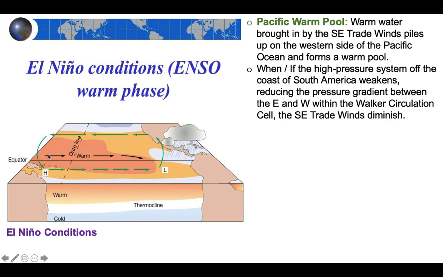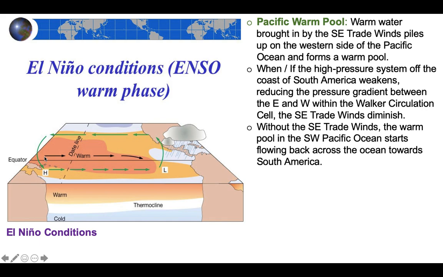And this warm surface water that got piled up against the Australian continental margin and Papua New Guinea starts basically flowing back across the Pacific Ocean towards South America. So we have this warm surface water now flowing backwards towards the South American continent.